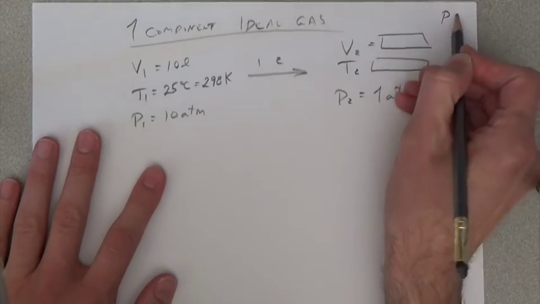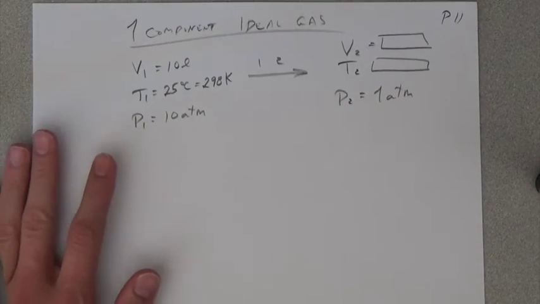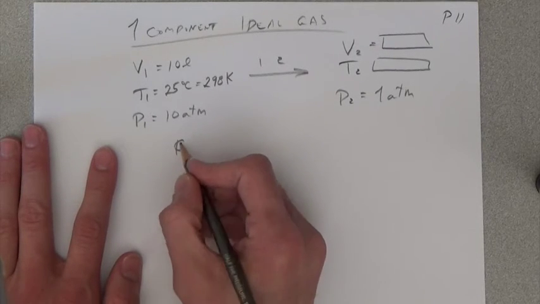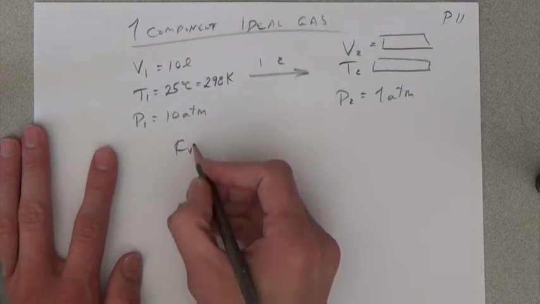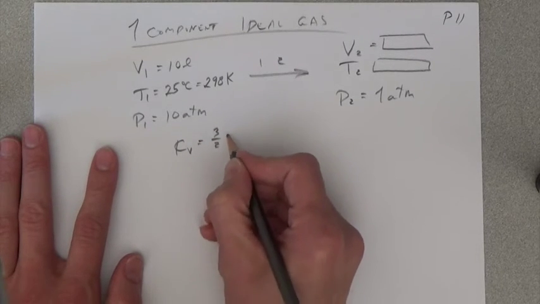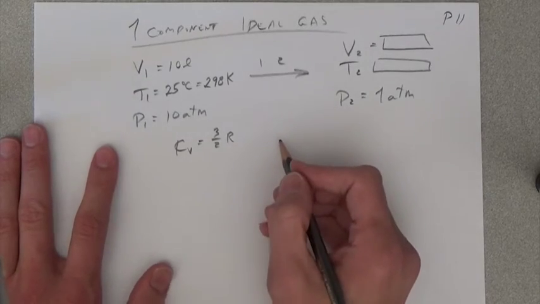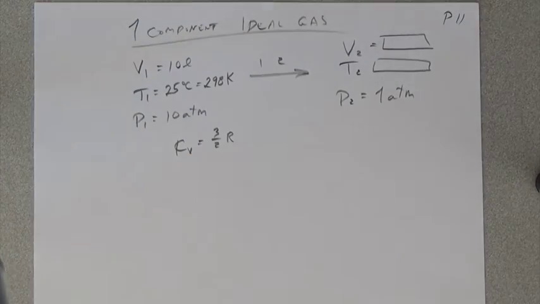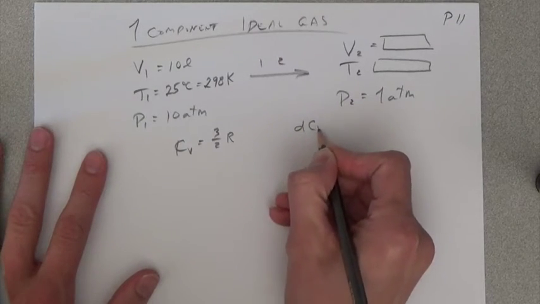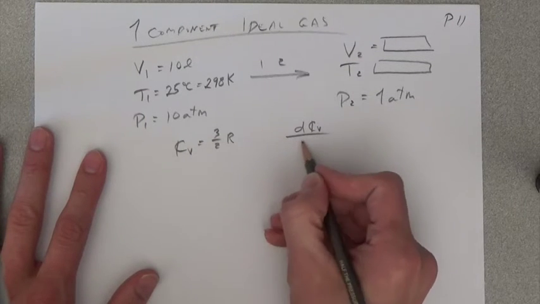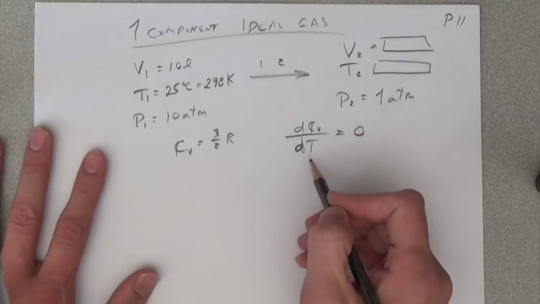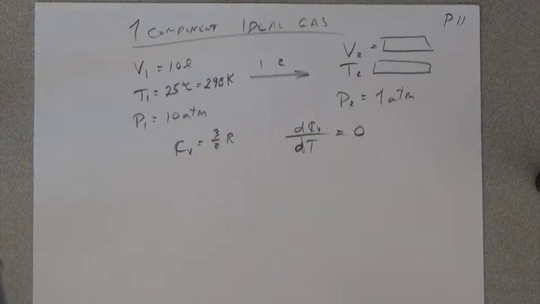So this is page 11. And for this, we're going to use that the molar constant volume heat capacity is equal to 1.5 R. And as a matter of stating properties, we're going to say that this heat capacity is independent of temperature. So it's really a constant.